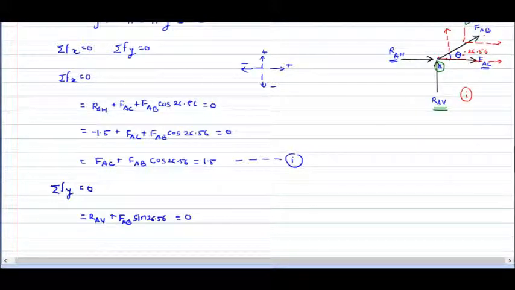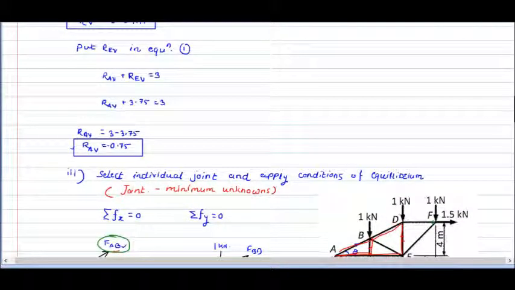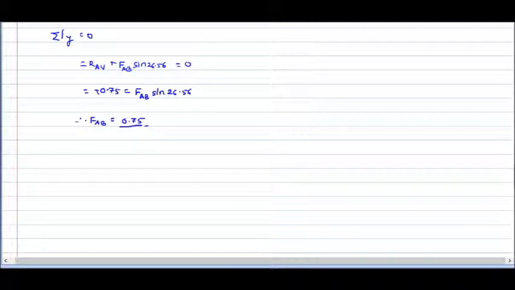Earlier we calculated RAV, which is minus 0.75. Putting this value here, minus 0.75 plus FAB sine of 26.56 is equal to 0. So FAB sine of 26.56 equals 0.75; I just rearranged that equation directly, so this becomes plus 0.75.